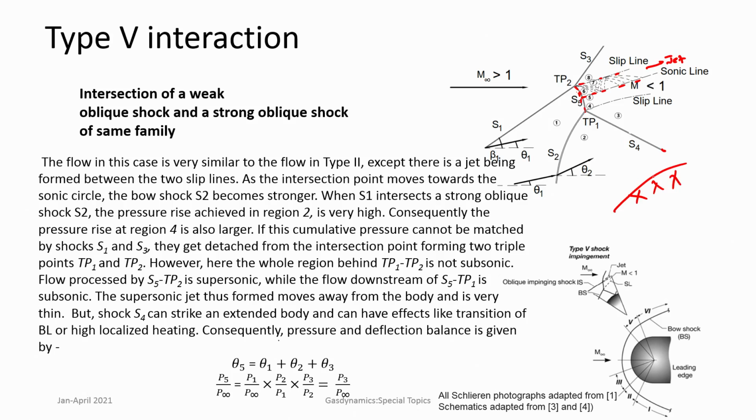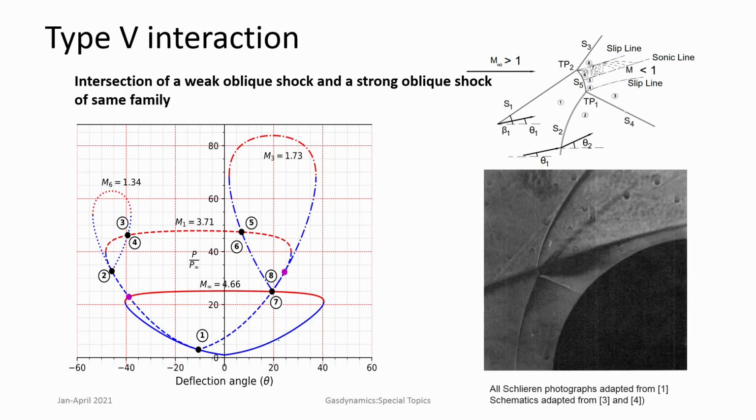So this is type 5 interaction, which can also be seen in the Schlierens that are shown here.